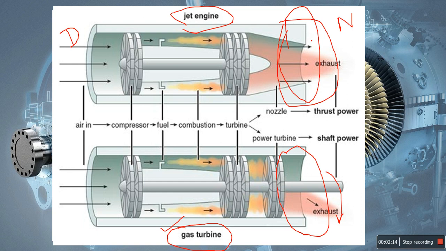The main components are the diffuser, compressor, combustion chamber, turbine, and nozzle. In the case of the gas turbine we studied a compressor, combustion chamber, and turbine. Now we have added two different parts, the diffuser and the nozzle.